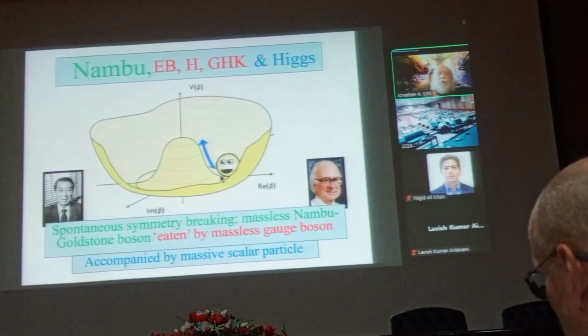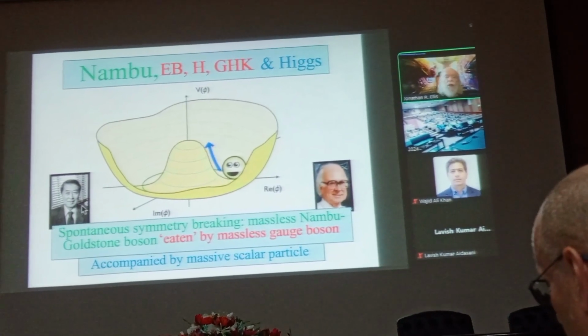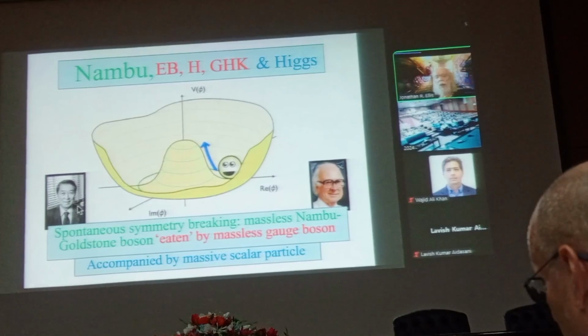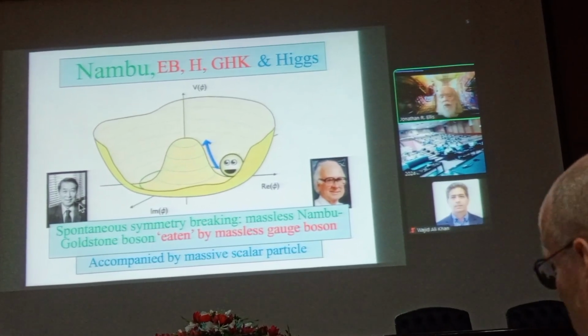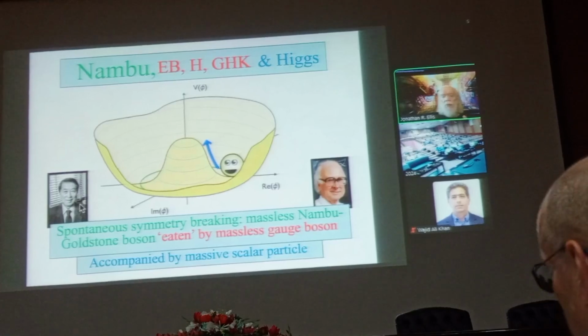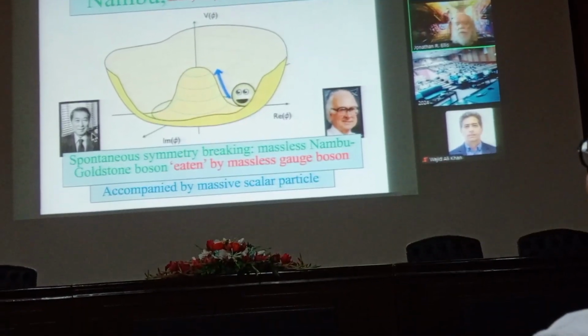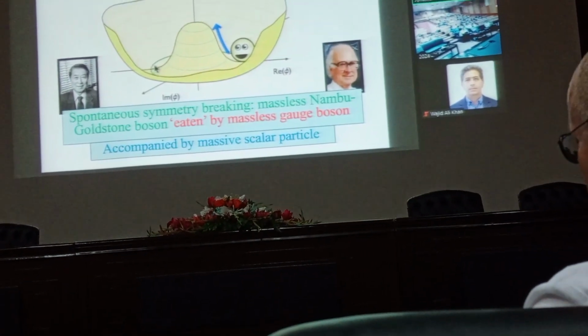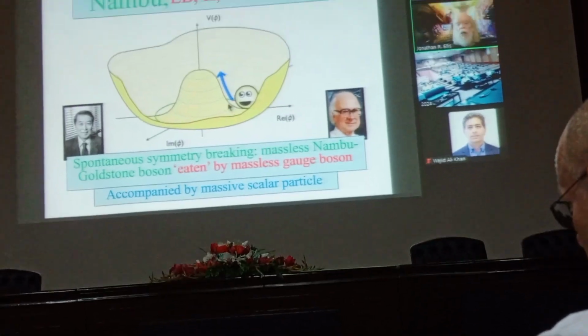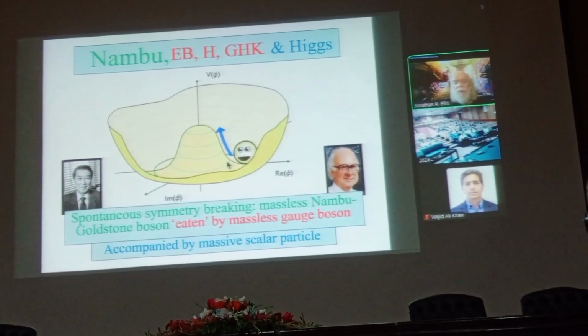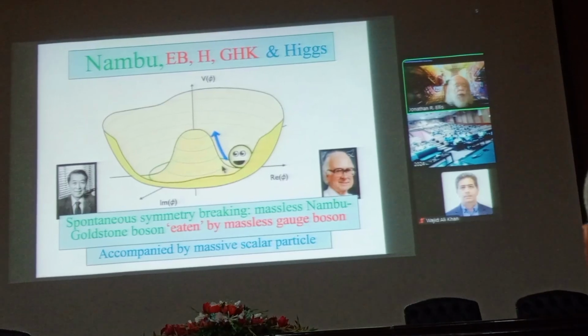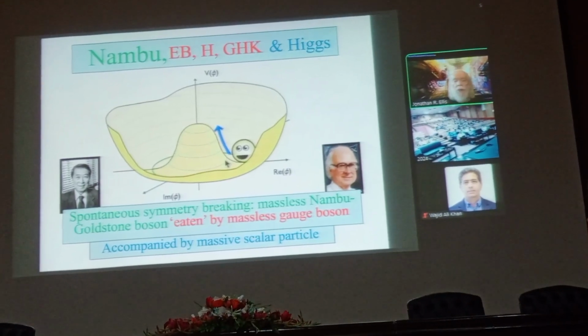Now what Nambu, the guy on the left here, pointed out was that when the theory settled to its minimum energy configuration, there would be a massless degree of freedom corresponding to going around the bottom of the potential. And that's what we call the Nambu-Goldstone boson.